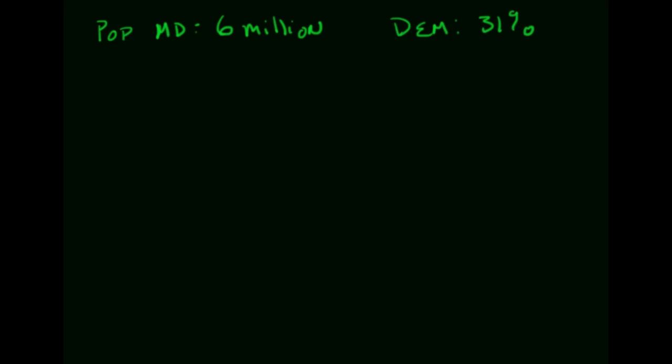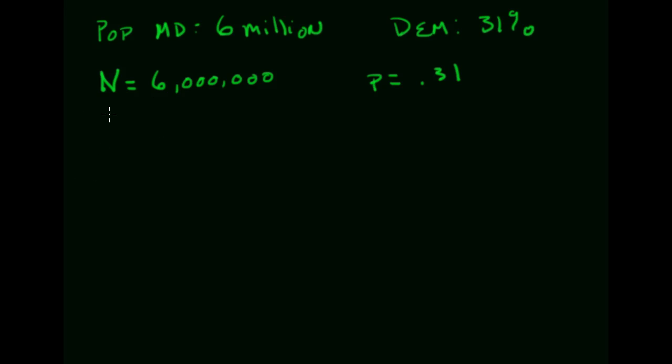I don't know, I'm completely making that up, but it could be true. So I have my setting: the size of my population is 6 million, and the proportion of my population that are Democrats is 0.31. Great.